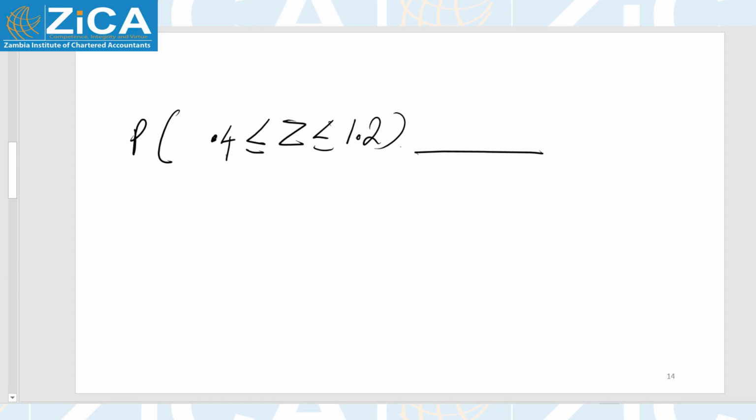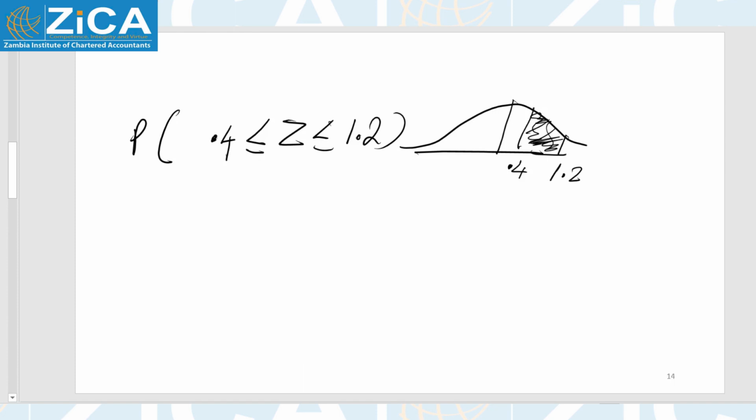Now, in your course, you have got a z table which is a 0.5. If you look at this, you are looking for this area 0.4 here and 1.2 here. And this is the area you are looking for, the shaded area here. This is where you people make mistakes.